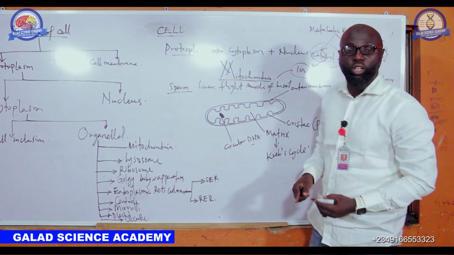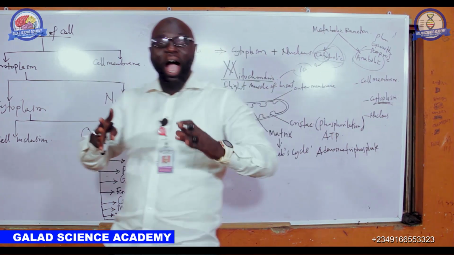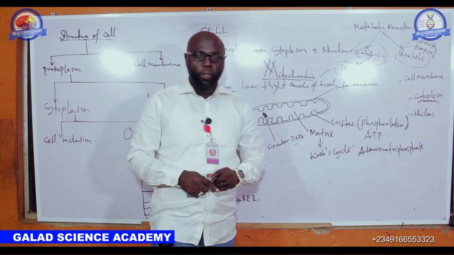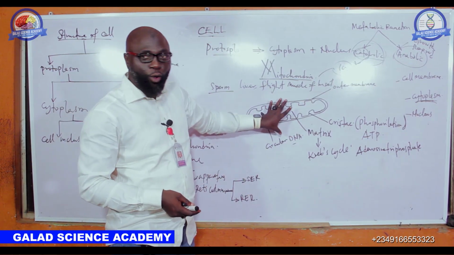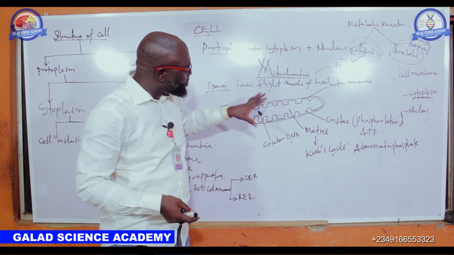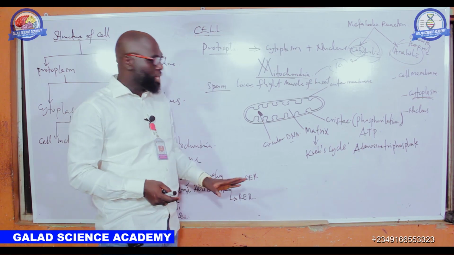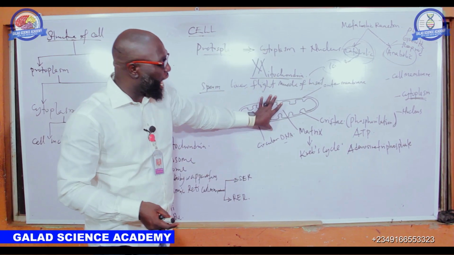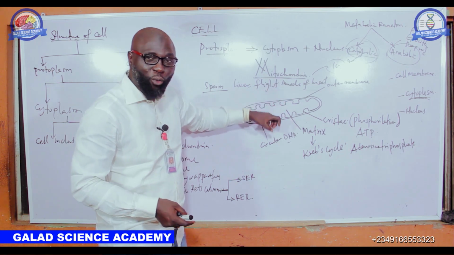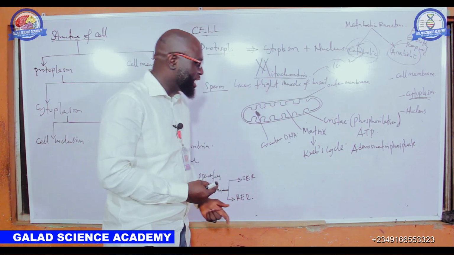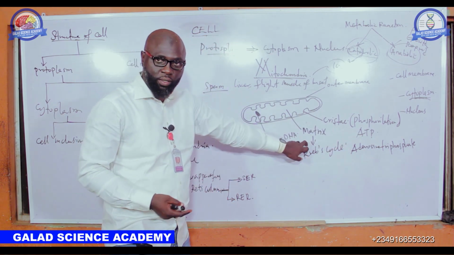Then what are the functions of the mitochondria? The mitochondria is also known as the powerhouse of the cell. Why do we call it the powerhouse of the cell? It is a region in the cell that produces energy for the cell, where energy is generated through the cristae and the matrix.